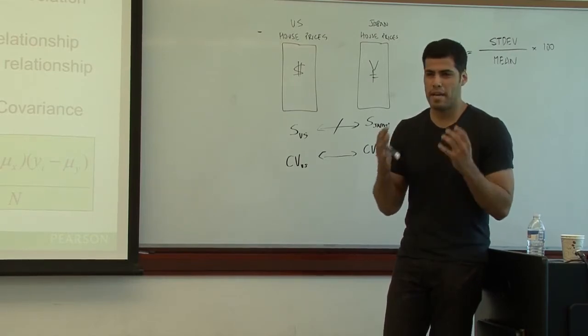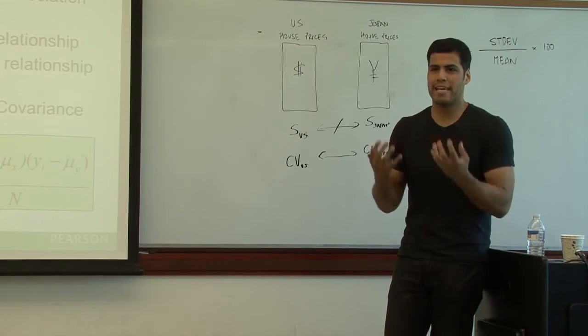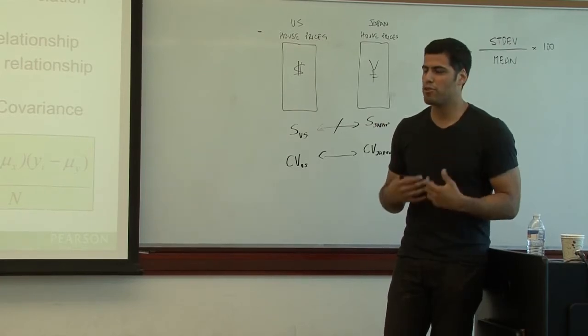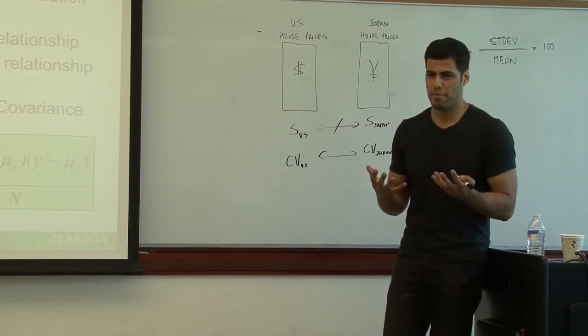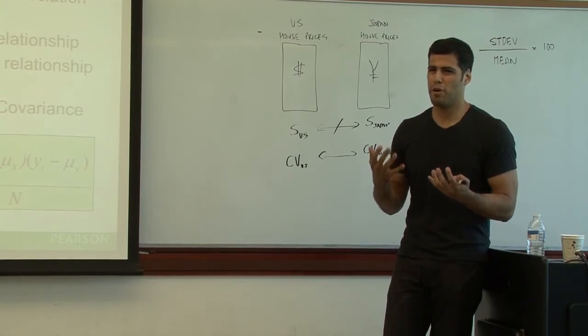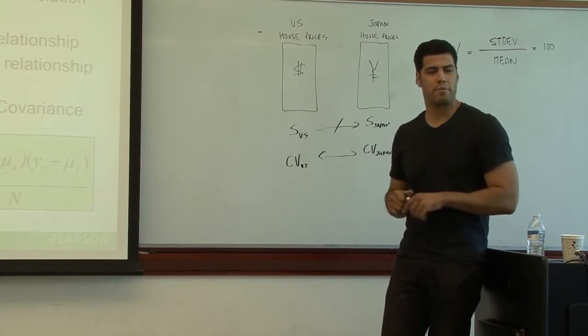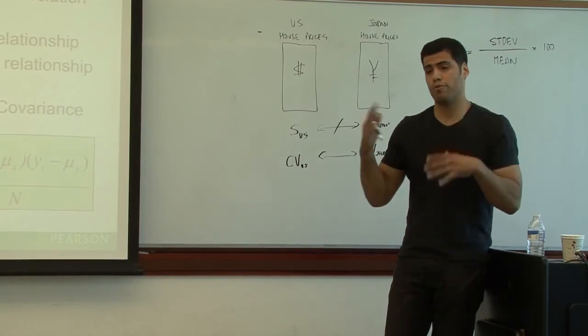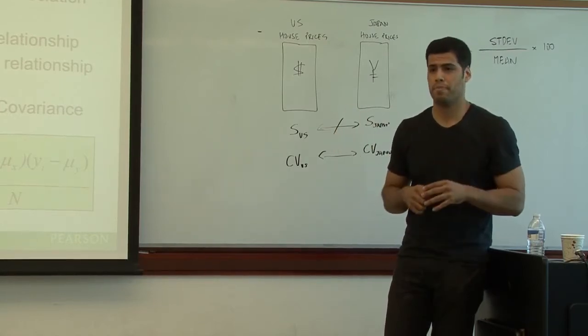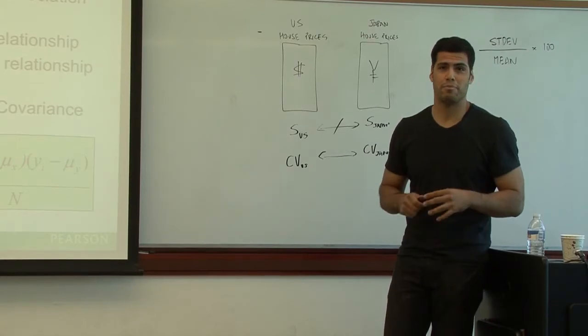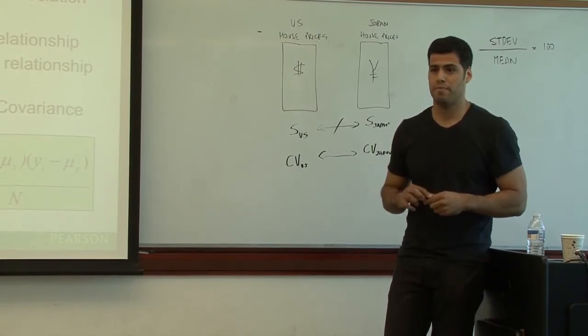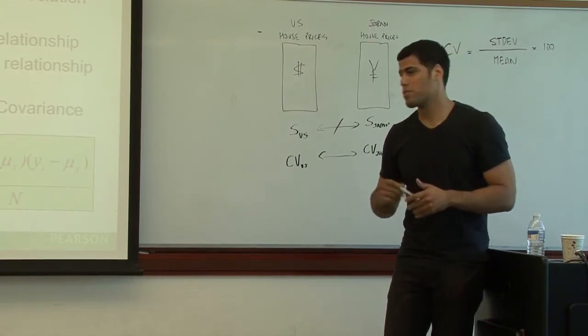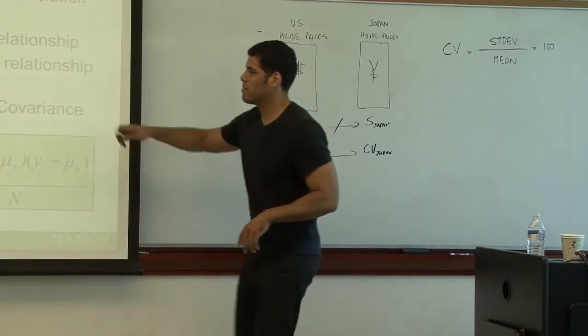So basically, if two variables move in the same direction, we say that those variables have a positive relationship. If two variables move in opposite directions, we say that those variables have a negative relationship. If two variables don't have any relationship, then we say that they have no relationship, right? So the covariance will be 0. Okay, so let's look at how that translates into the covariance.